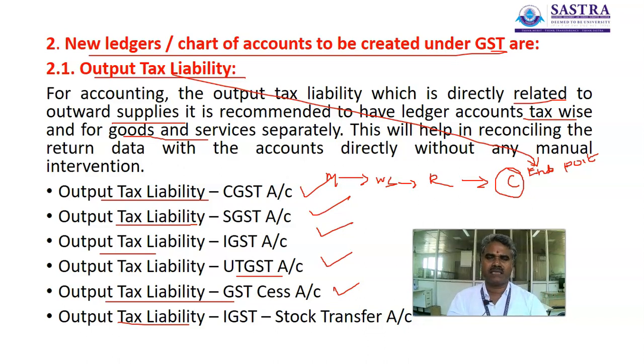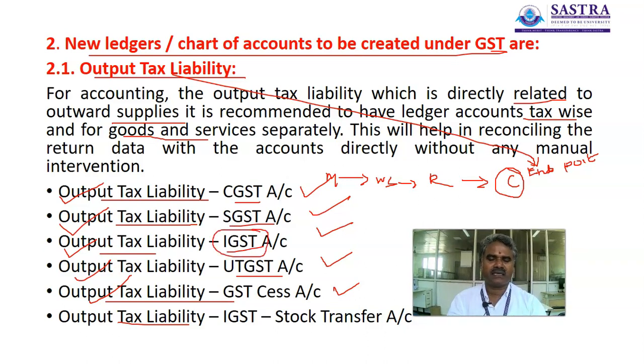You need not pass entries separately for CGST and SGST for each and every output transaction. You pass each output transaction collectively for both CGST and SGST or UTGST. These are the output taxes we are going to collect, and we also have to pass entries for all the output tax liabilities: output tax for CGST, SGST, IGST, then UTGST.